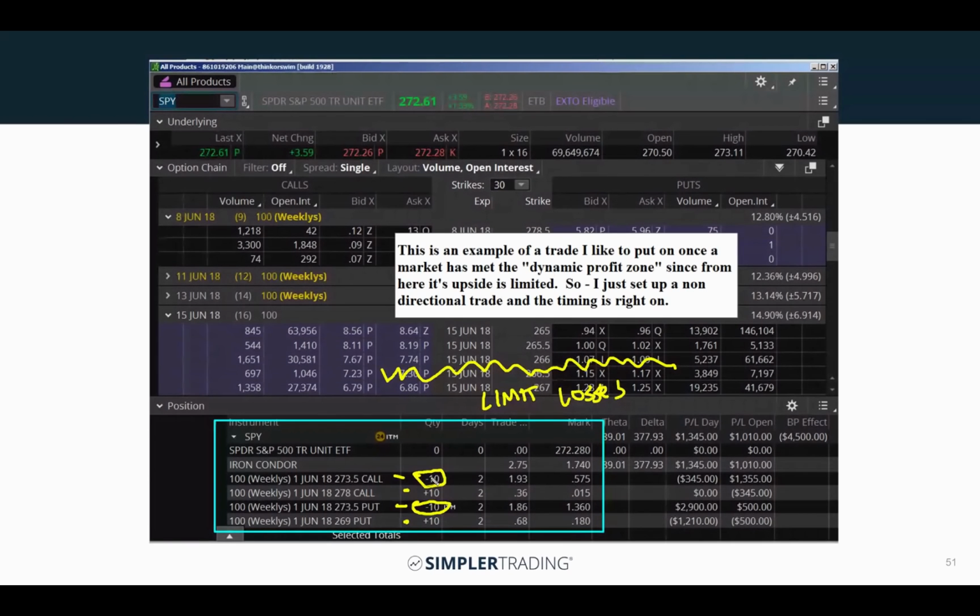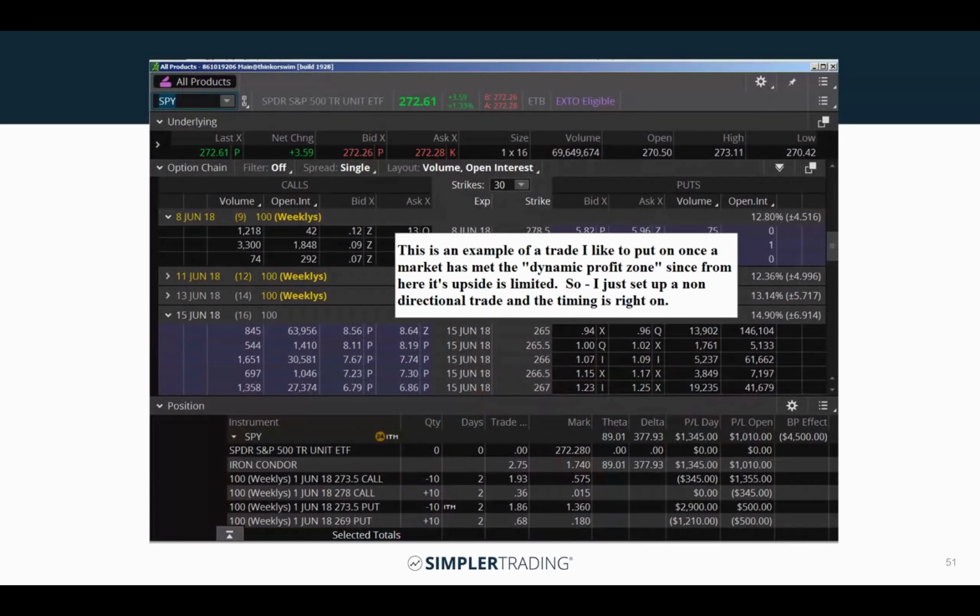It's a naked straddle with protection. All right, so again, don't worry too much about that, but I sold it for $2.75. You can see right now it's $1.74 with 2 days left, and got some profit there. So what's nice about this is that you can actually employ different option strategies based on where the stock is in the cycle, which is super helpful.